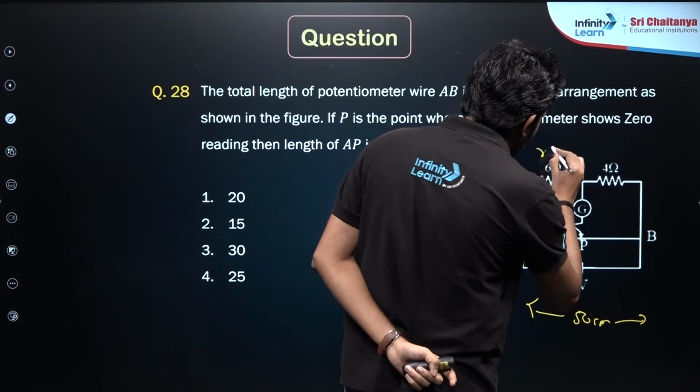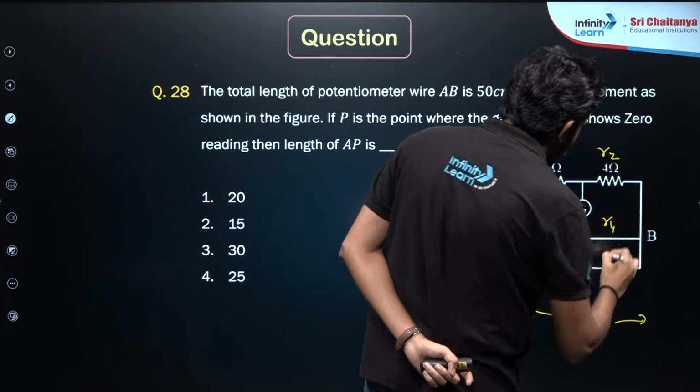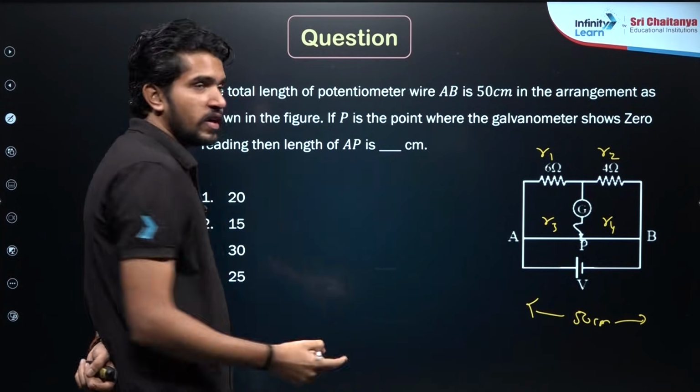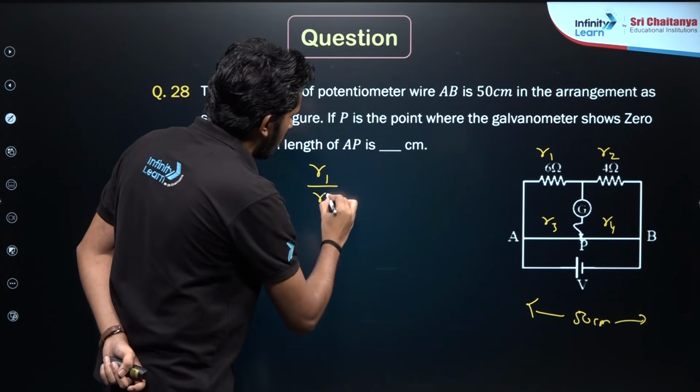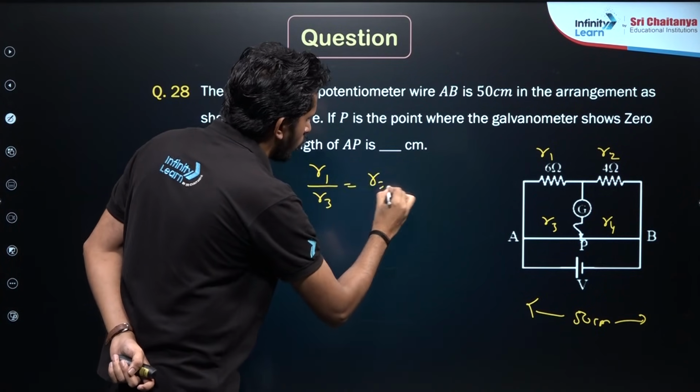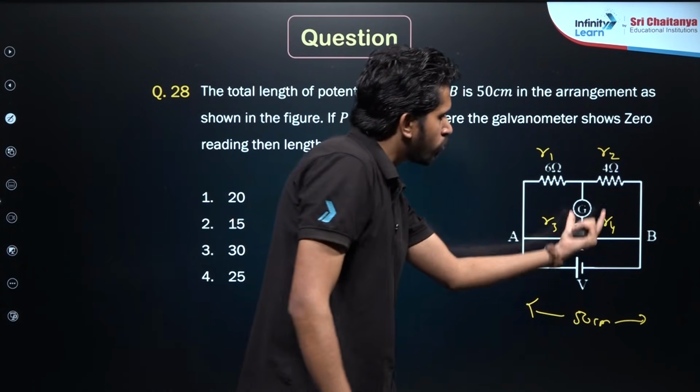Let's say this is R1, this is R2, R3, R4. So in the case of 0 reading, you guys are aware that R1 upon R3 should be R2 upon R4, because these should be also in the same ratio.